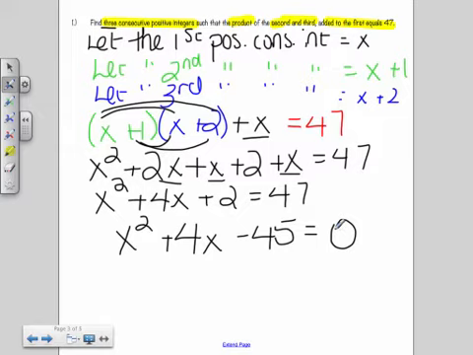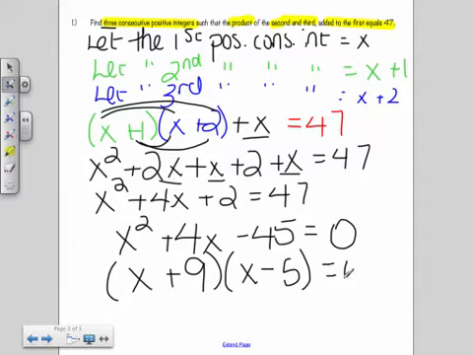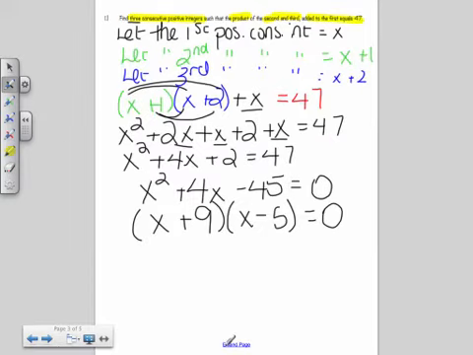Okay, now that I've gotten it all on one side, I can go ahead and factor my expression on the left side, so I end up getting x plus 9 multiplied by x minus 5 equals 0. I used 9 and 5 because 9 times negative 5 is negative 45, and 9 plus negative 5 is 4.